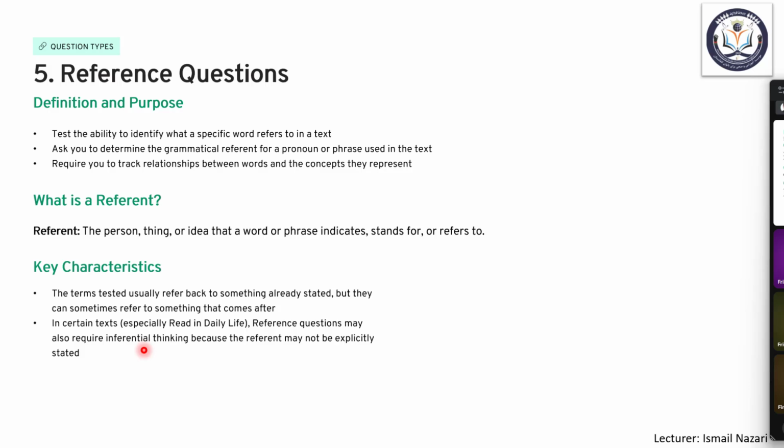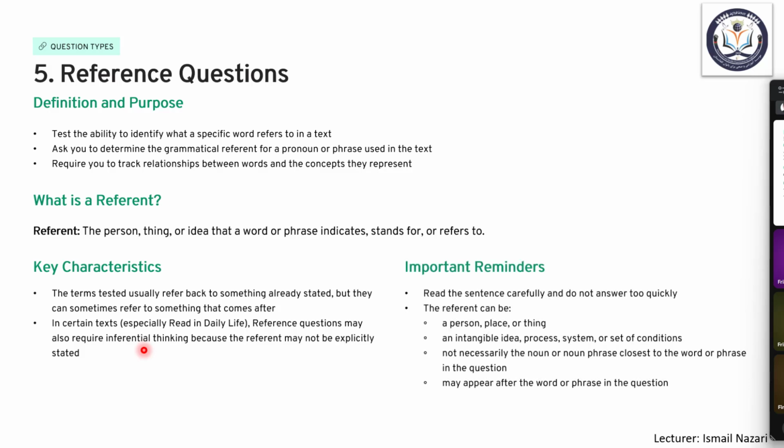So the implicit connection made in the text is also possible, especially with Read in Daily Life tasks. So inferential thinking is a critical skill here. We need to be good at it. Now, before going to the next part, there are important reminders we need to know regarding the reference question.